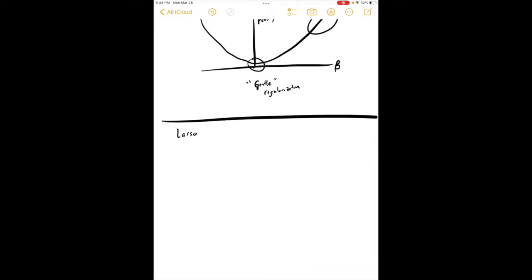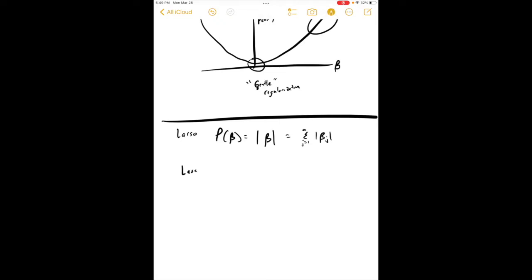And in lasso regression, the penalty function here, p of beta, is actually equal to the absolute value of beta, okay, or the sum from j equals 1 to m of the absolute value of all of the betas.